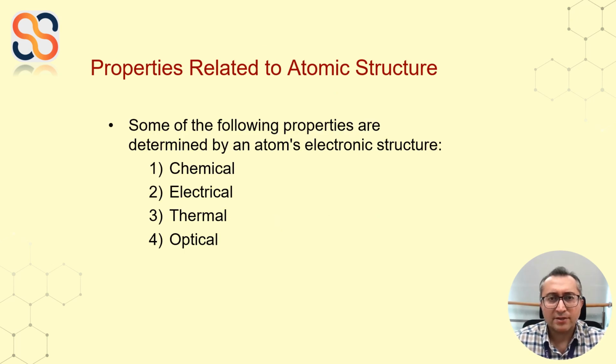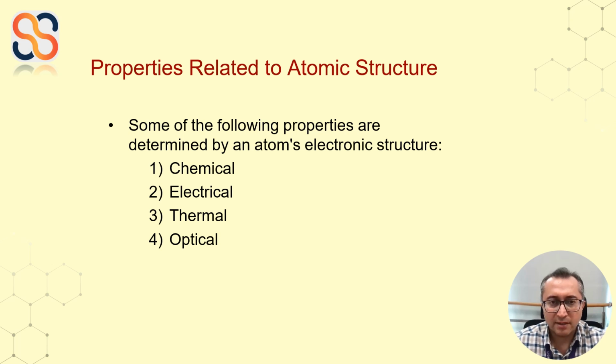Now that we understand the basic structure of an atom, let's talk about how that structure affects some of the key properties of materials. It's all about the electronic structure, how the electrons are arranged around the nucleus. This arrangement can determine a material's behavior in a few different ways: chemical, electrical, thermal, and optical.